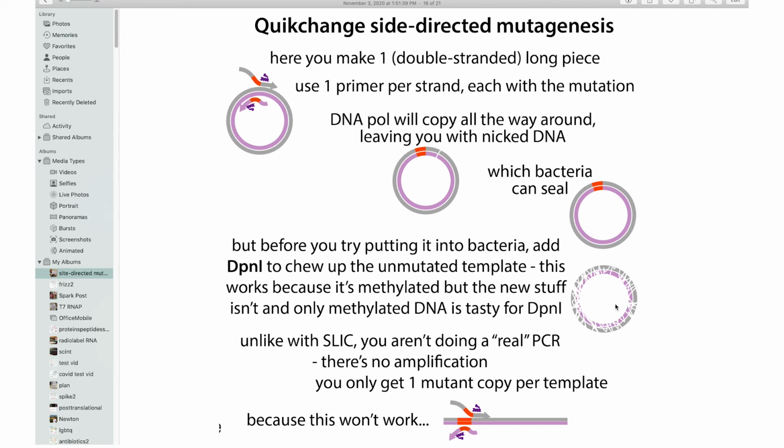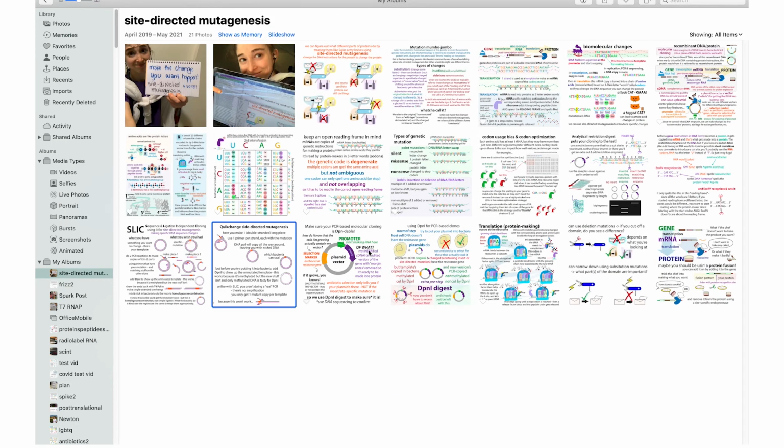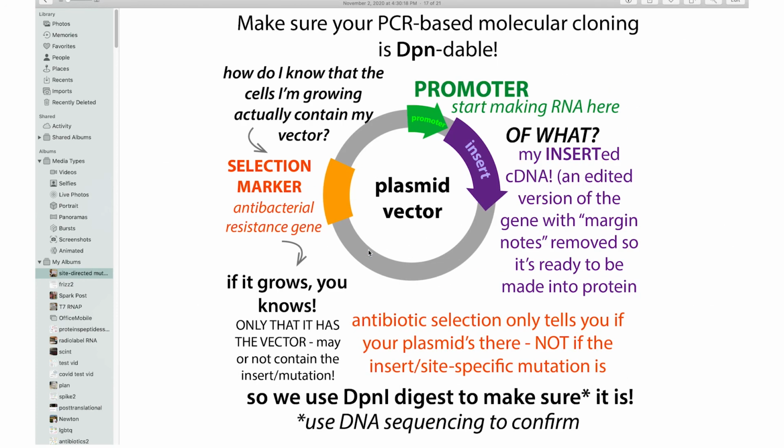With either of these methods, you're going to want to do this DpnI digest. Basically, you have this plasmid that you put in, which has the thing that you think you put in, and then it has a selection marker, like an antibiotic resistance gene. You use transformation, where you stick the plasmid into the bacteria and say, okay, make this for me.